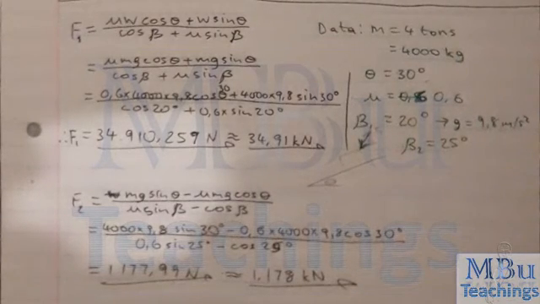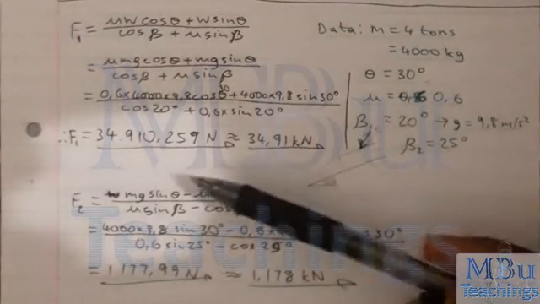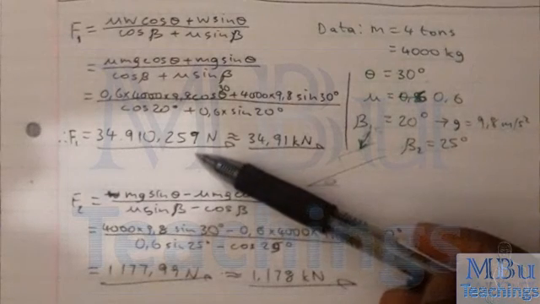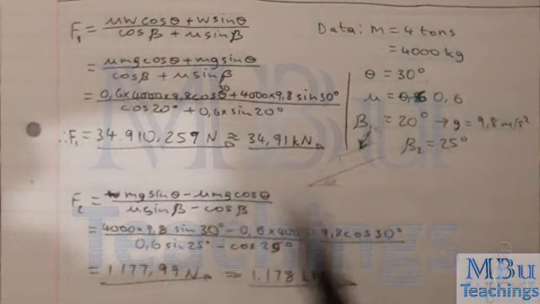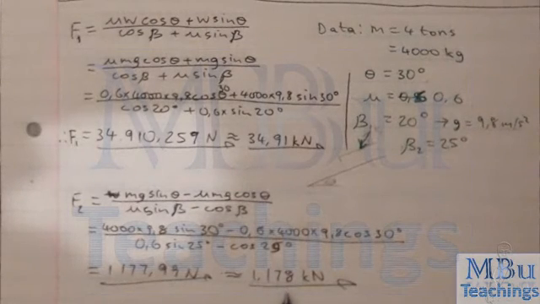I hope it does make some sense. Now, what does this imply? Obviously, it shows us that it is harder to climb up an incline than it is to go with the incline, to flow with the incline. It's much easier.